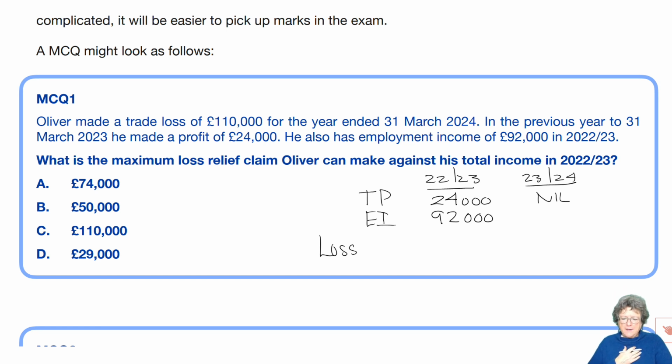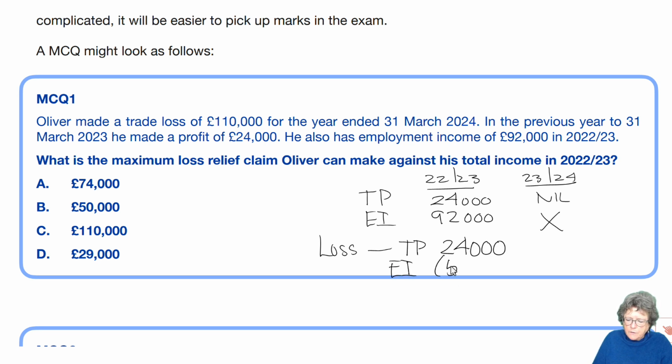So there's no need to do any claim for that. What we can claim here is trade profits, 24,000, and employment income. That's a maximum of 50 with the cap. So we're looking at 74. Is 74 here? Yes, it is. That's our answer.